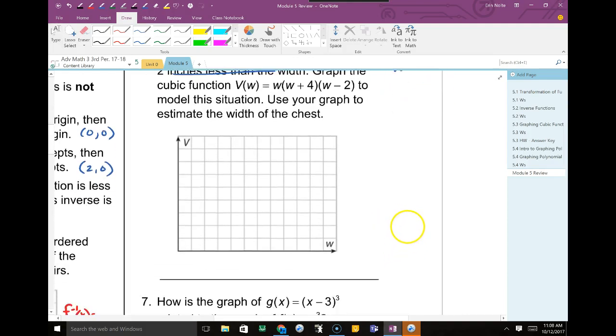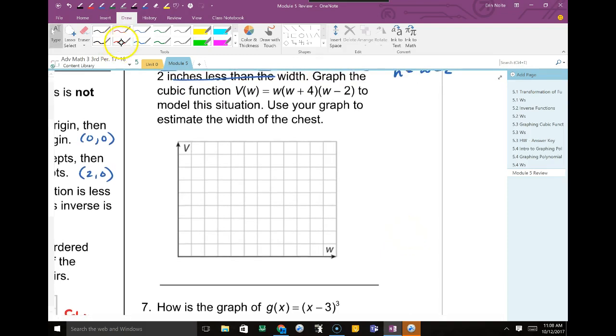Okay, so how would we go about graphing this particular function right here? So, first of all, what are my x-intercepts? Let's start with that. -4, 2, and 0. There we go.